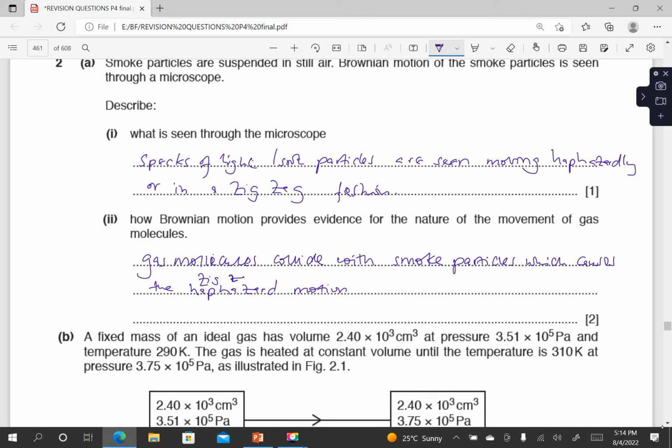Let me write here zigzag motion of smoke particles. Hence, we simply conclude that gas molecules are in continuous random motion.